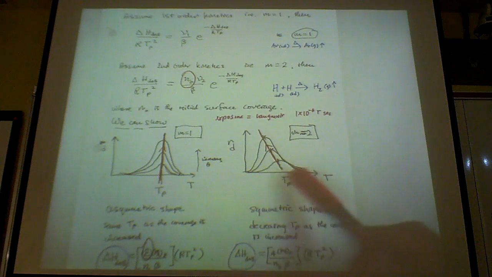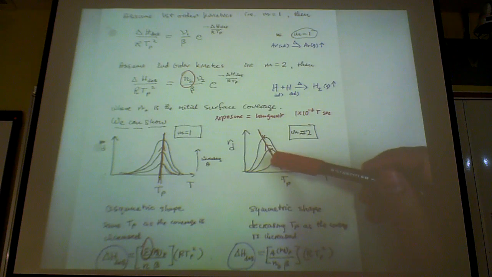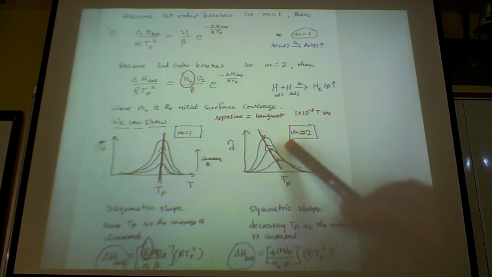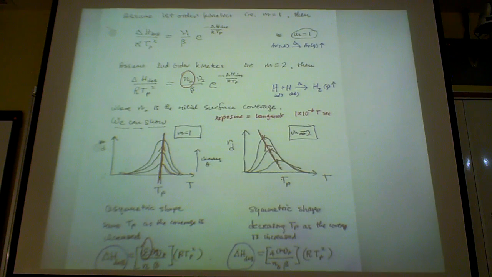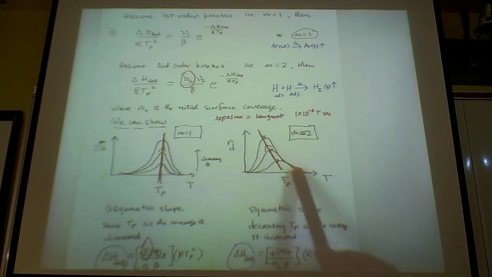But if your maximum desorption temperature is going down, then you know right away that you have a second order desorption. This so-called Redhead analysis is a very powerful idea that immediately tells you the order of desorption. You just plot it out, and if it's moving this way, you know you have a second order desorption.